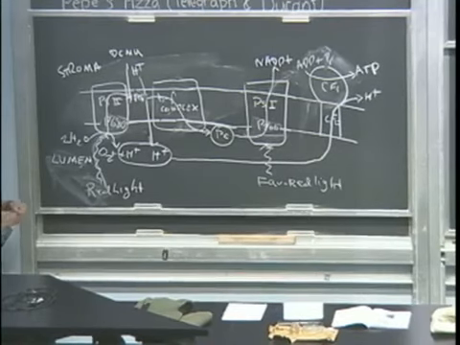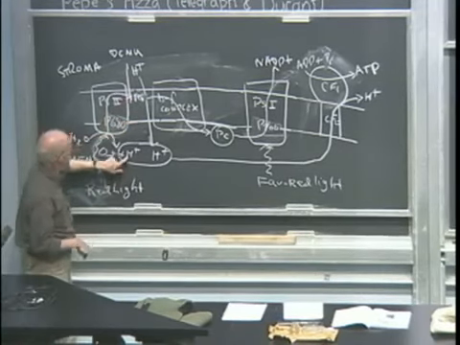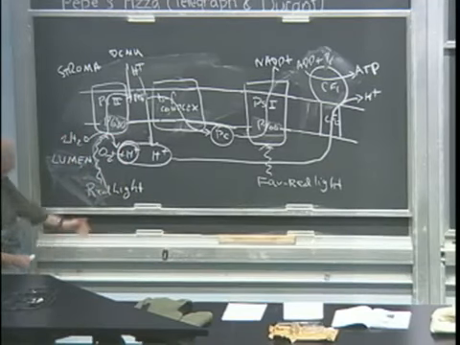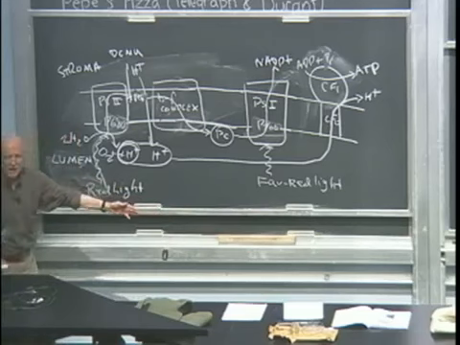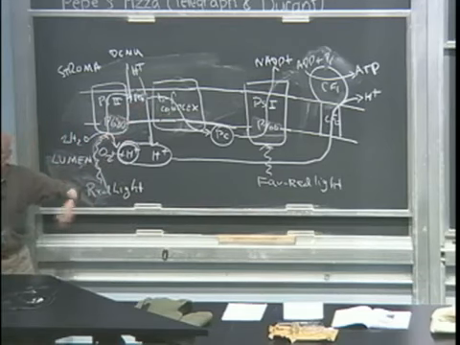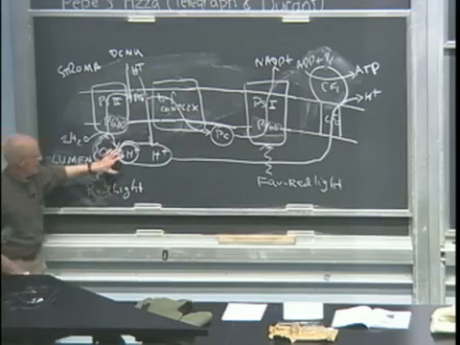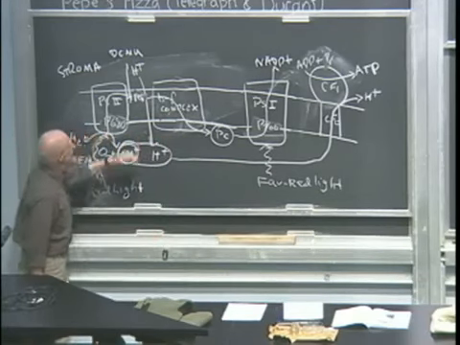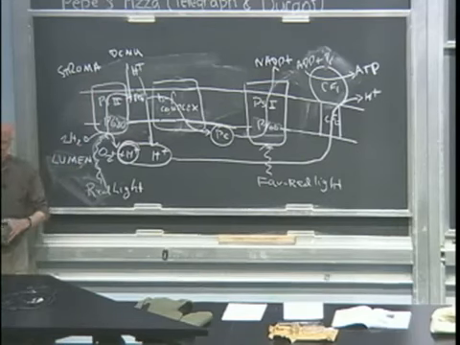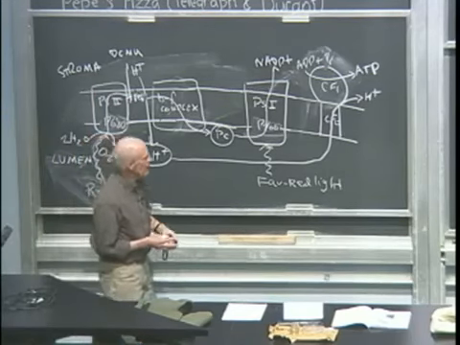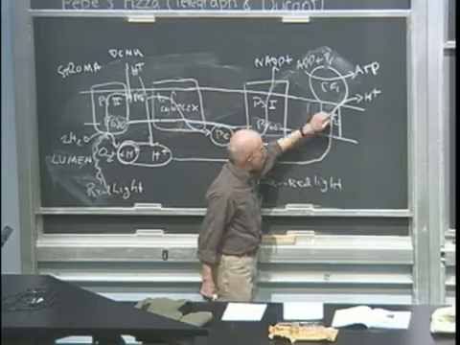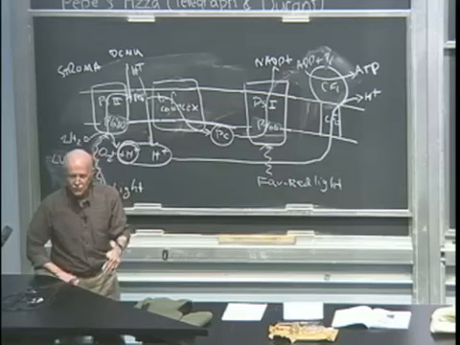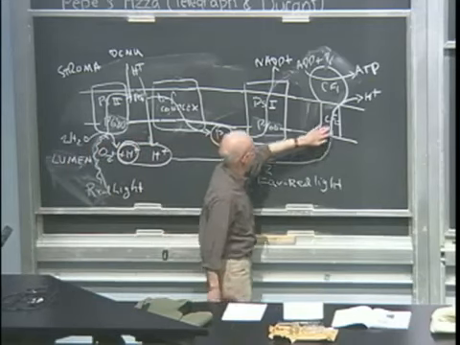I've shown on this figure as well that protons are liberated when water is oxidized, and protons are also moved across the membrane when this plastoquinone is being oxidized and reduced. You get a proton gradient in the light with the lumen becoming acidic, and there is an enzyme in the membrane which is known as CFO and CF1, which is entirely analogous to the mitochondrial protein, which is known as FO and F1.